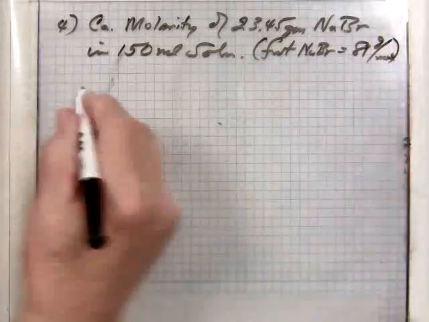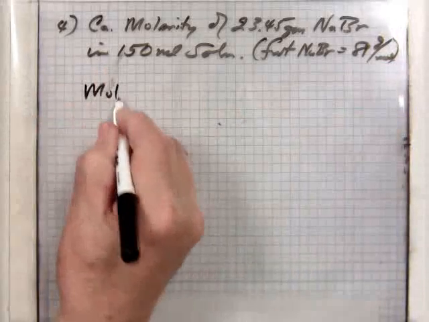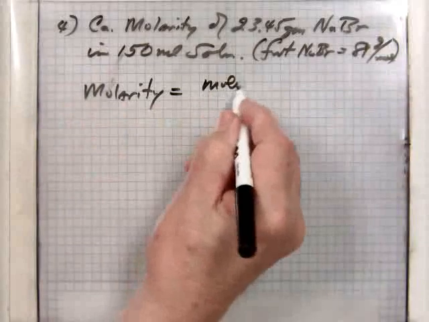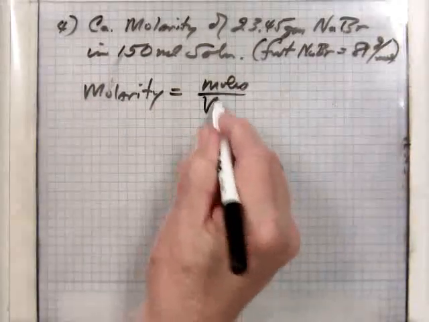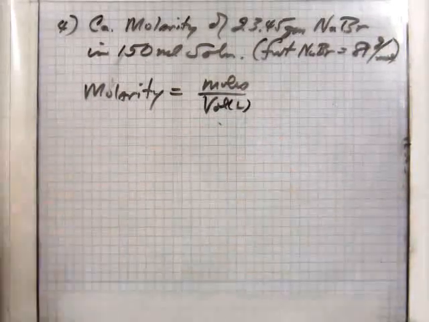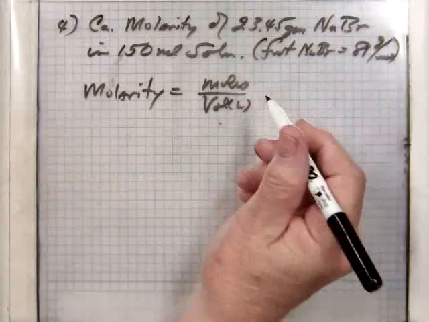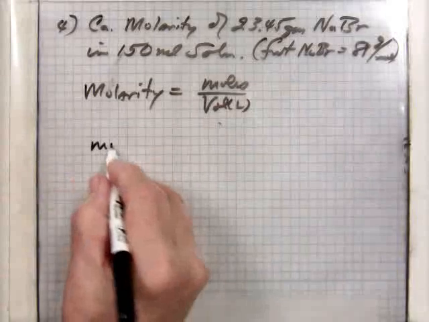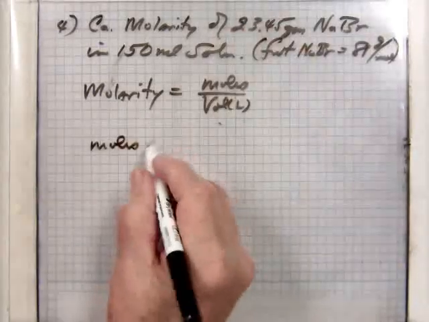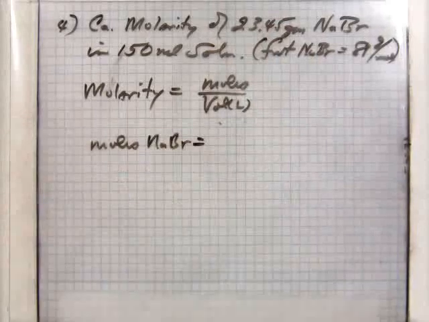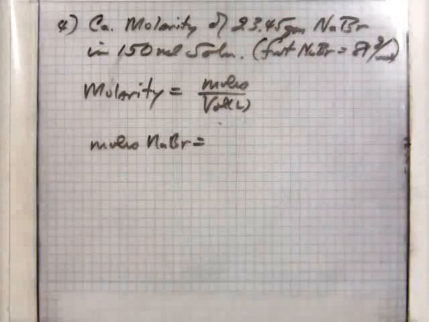So, by definition, molarity is moles solute over volume expressed in liters. So we need to get moles from the mass, moles sodium bromide, and divide by formula weight. So how many formula weights are in a given mass is always the moles.